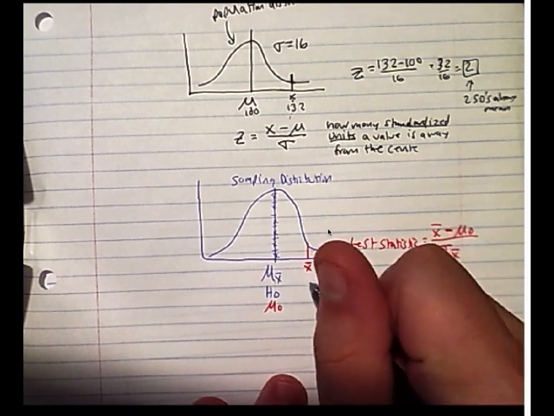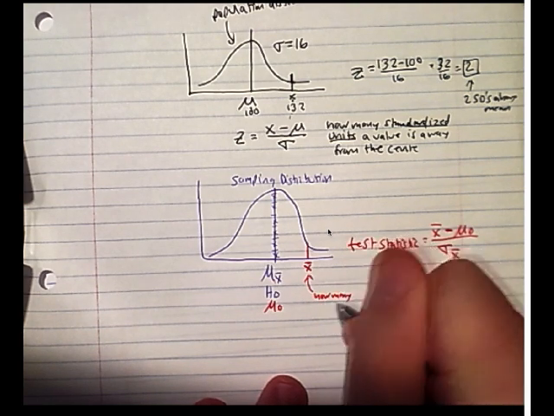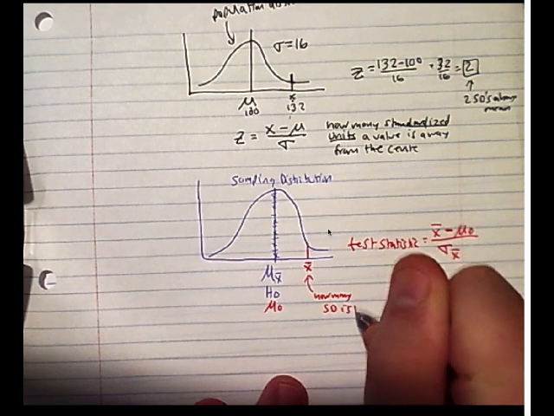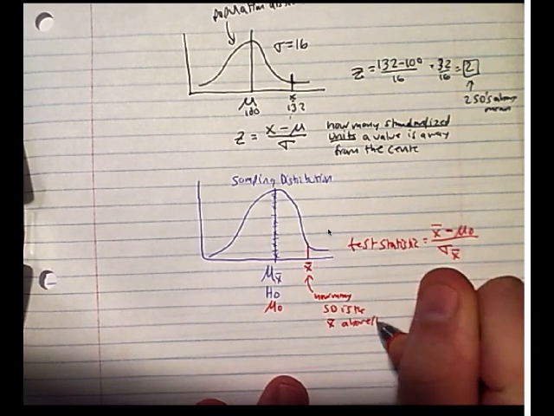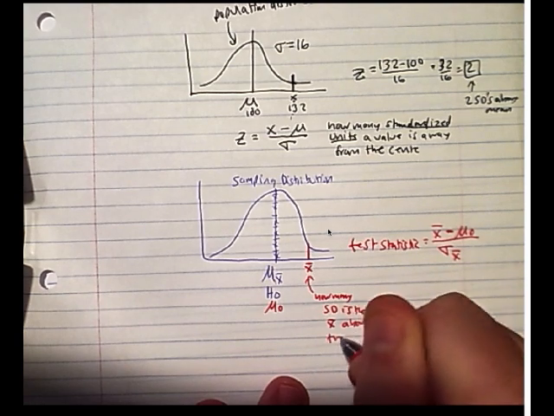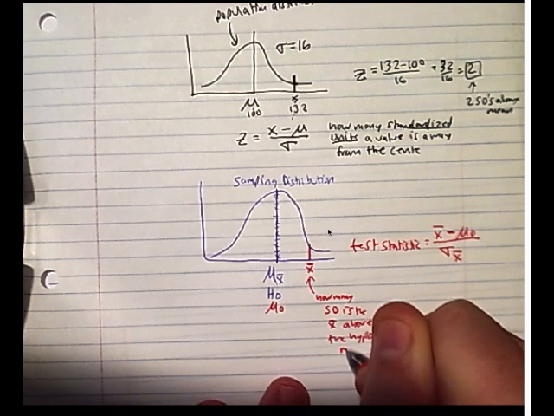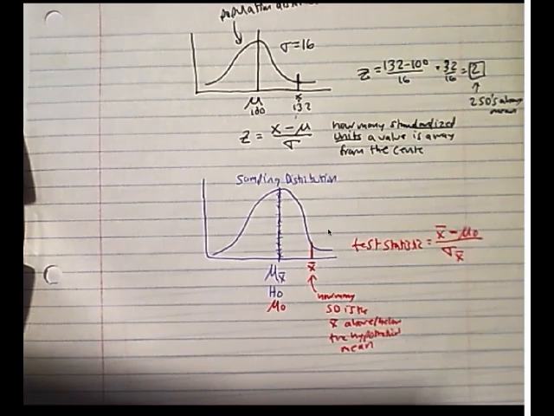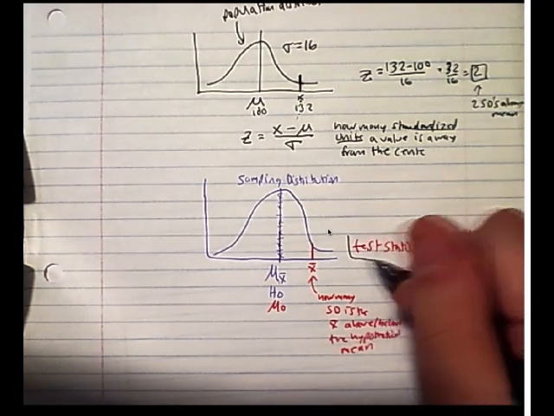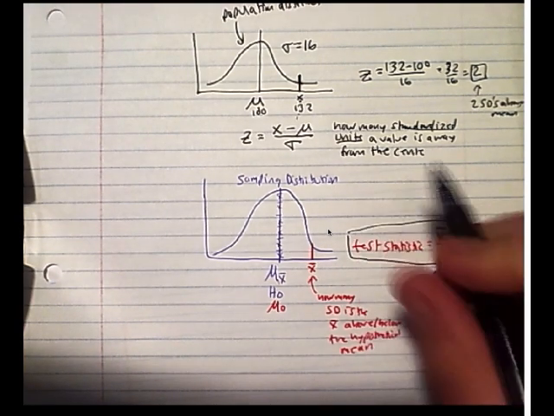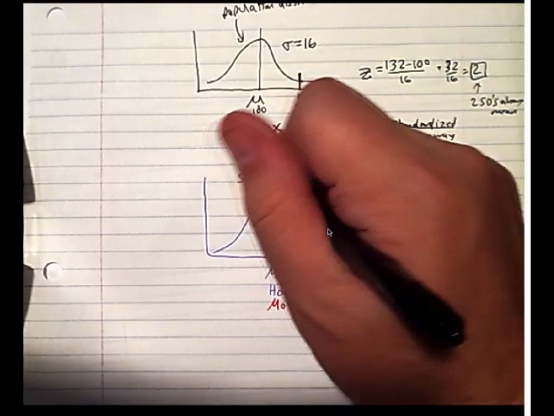So we're saying how many standard deviations is the X bar above or below the hypothetical mean. So it's the same idea. It's exactly the same idea. There's parallels between sampling distributions, test statistics, and just normal old z-scores.